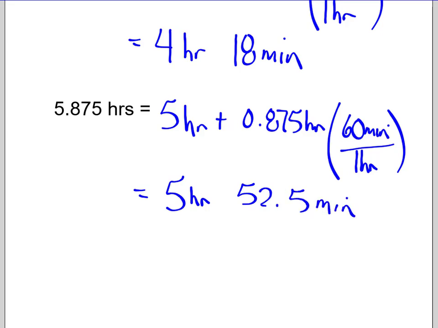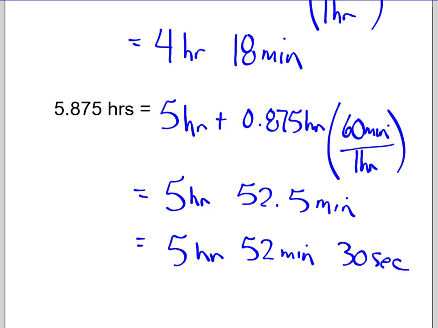But there's still a decimal in that, so we may not be happy with that. We can split the 0.5 minutes off, just like we did in the previous line, and repeat, or we can recognize that 0.5 of a minute or half of a minute is 30 seconds.